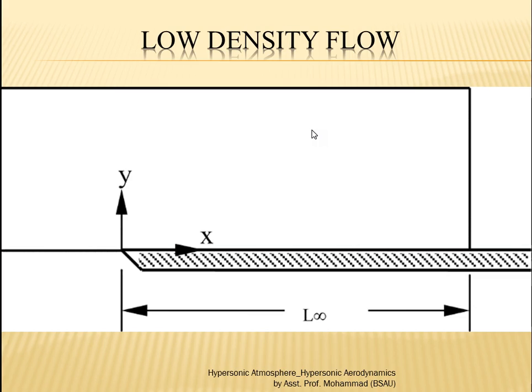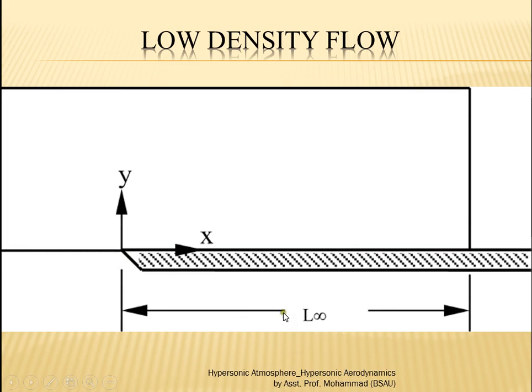If you analyze the flow on a flat plate in the hypersonic regime, the Knudsen number will be very large in the beginning, because near the nose region the characteristic length is almost near to 0, so the Knudsen number will be very high, no matter how small the mean free path is. So this region becomes very difficult to analyze, and this region also doesn't extend much, so we normally ignore this region.